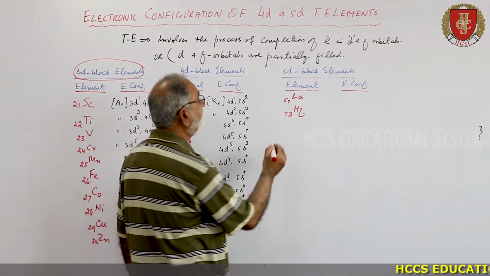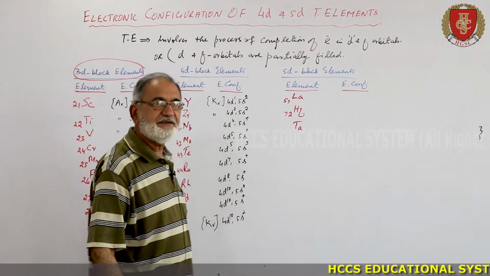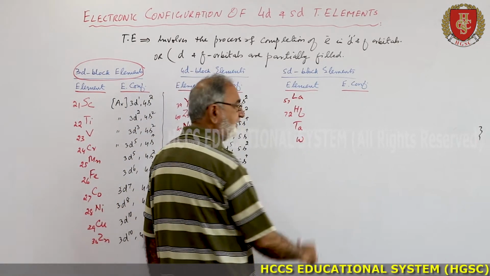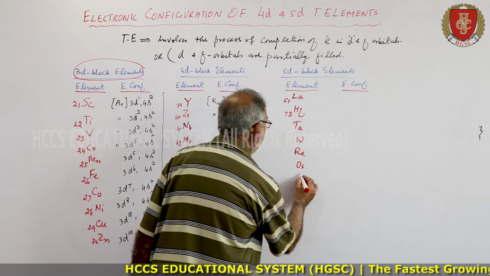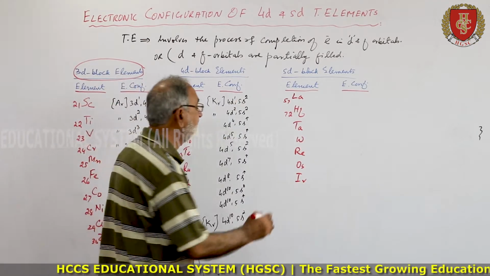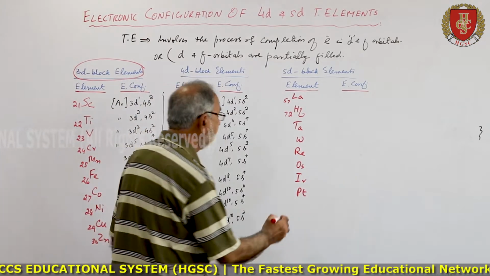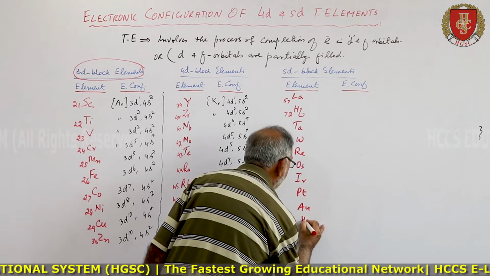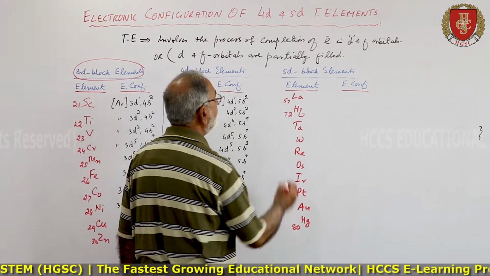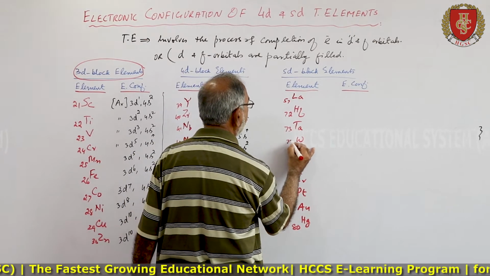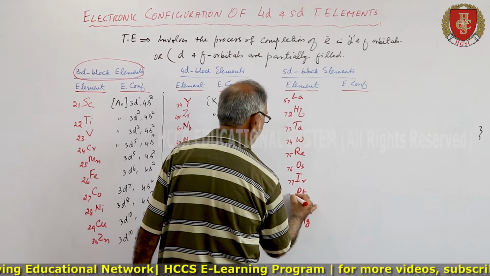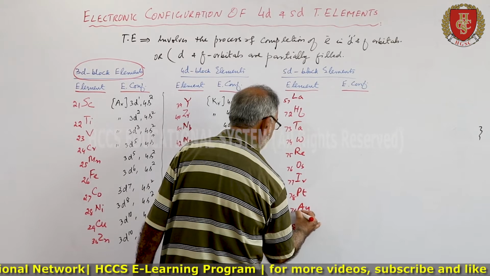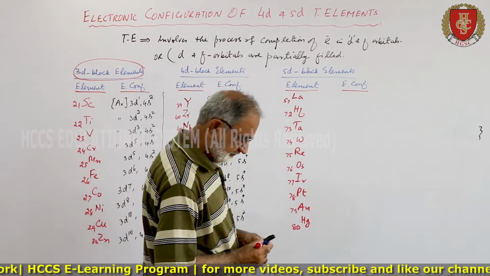These are the different elements: tungsten, osmium, iridium, then platinum, then gold, and finally mercury. Now this is 73, 74, 75, 76, 77, 78, 79.